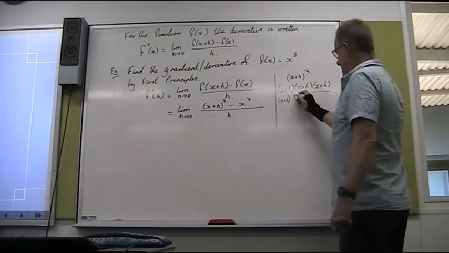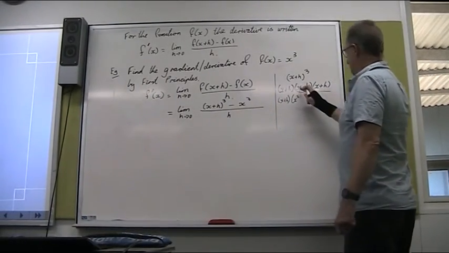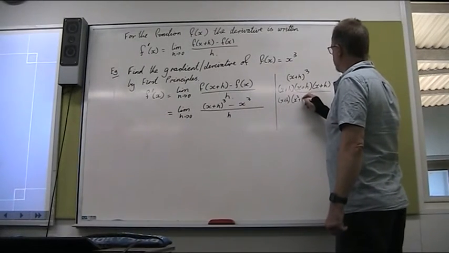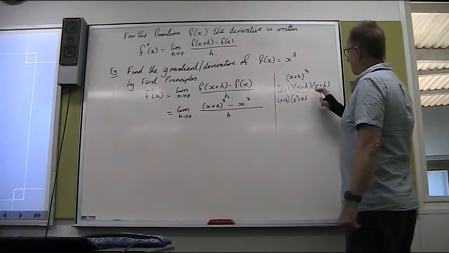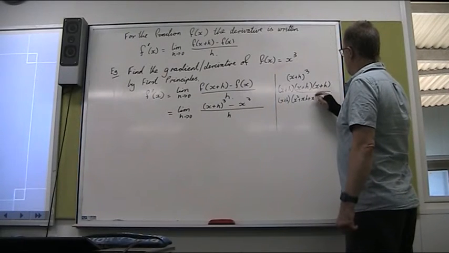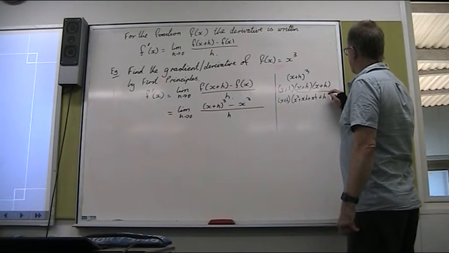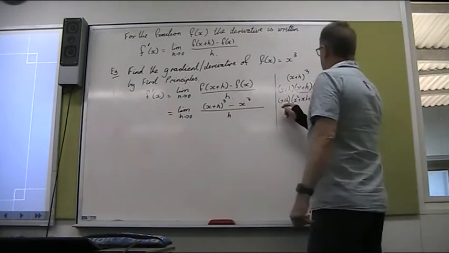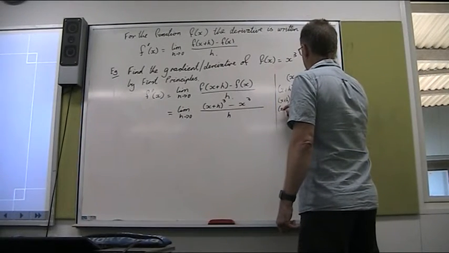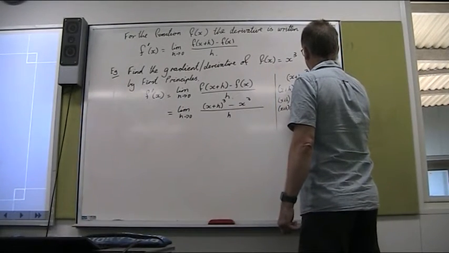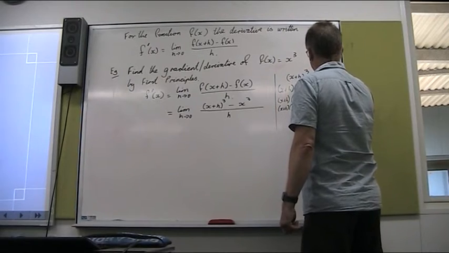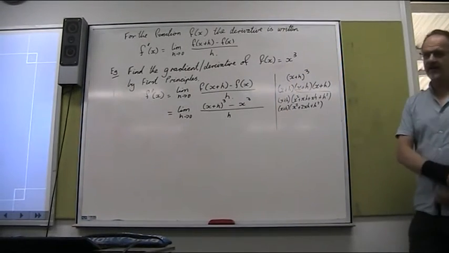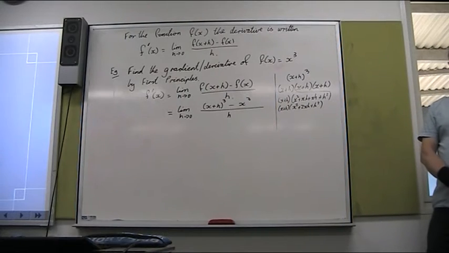So x times x is x squared. x times h is xh. h times x is xh as well. And then we've got h squared on the end. So I've got two lots of xh. So I now end up with that.